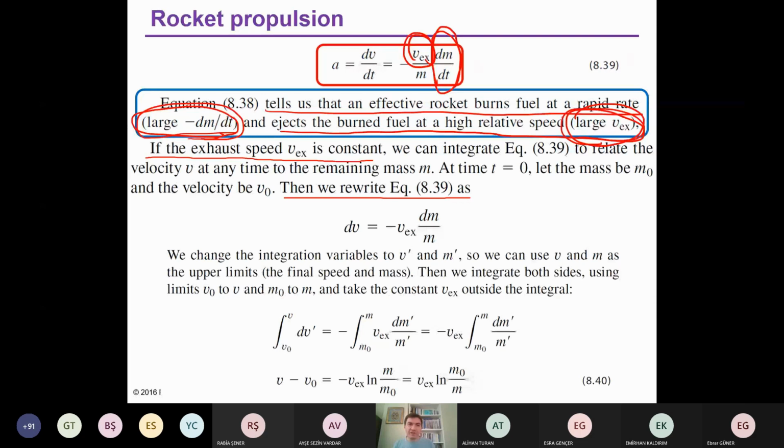So just consider that the exhaust speed Vx is constant, okay? Then what to do? Look at this equation. Here we have dv over dt is equal to minus Vx over m dm over dt.